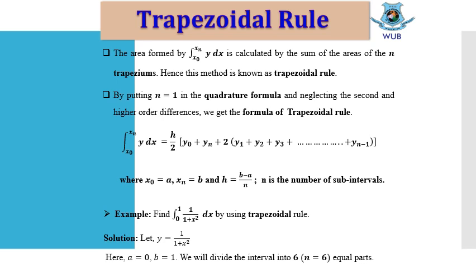Okay, there is an example given for you which is solved by the trapezoidal rule. The problem is to find the integral of 1 by 1 plus x square, and the range is between 0 to 1, and this is solved by the trapezoidal rule. So let us consider the equation equals y, where a equals 0, b equals 1, and n equals 6. How do we consider n equals 6?